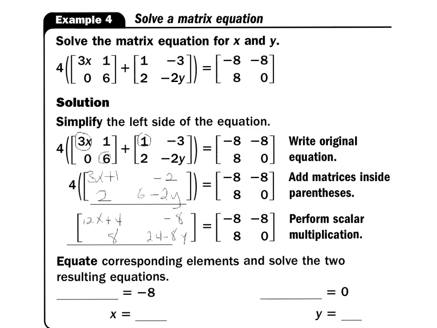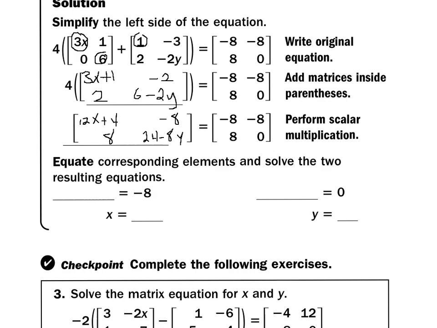Now I'm going to equate corresponding elements and solve the two resulting equations, which is a fancy way to say find your variables and find the answer. So this part has a variable to it. 12x plus 4 is going to equal negative 8 because that's in the same position in the answer.